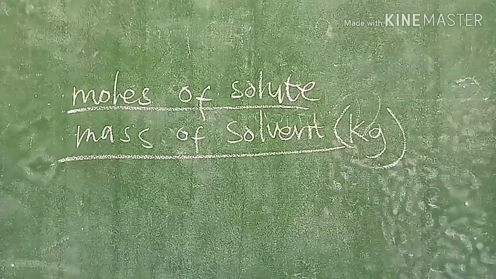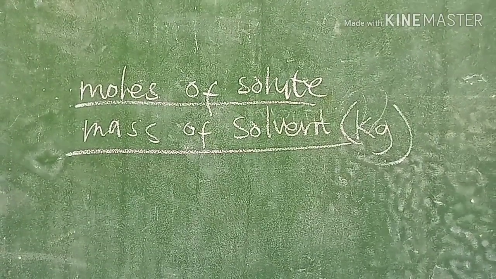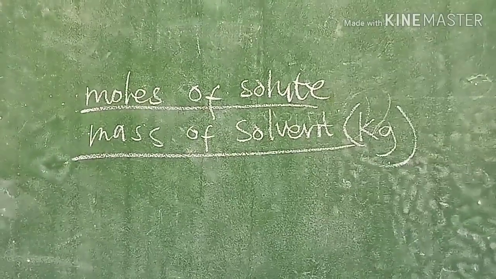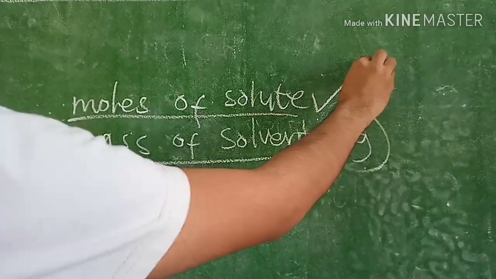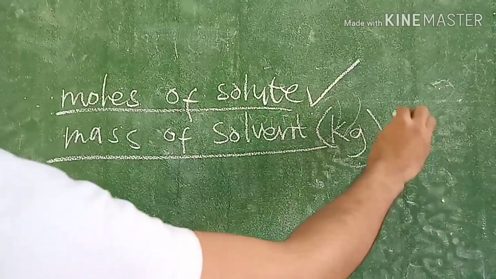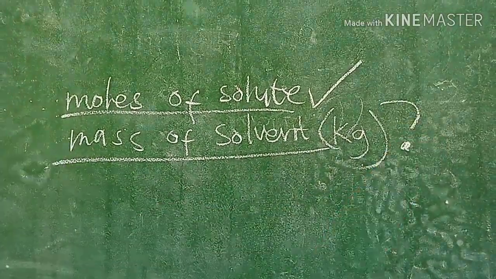First, use the given mass of ethylene glycol and its molar mass to find the moles of solute. Since we are already done in finding the moles of solute of ethylene glycol, let's proceed to finding the mass of solvent.